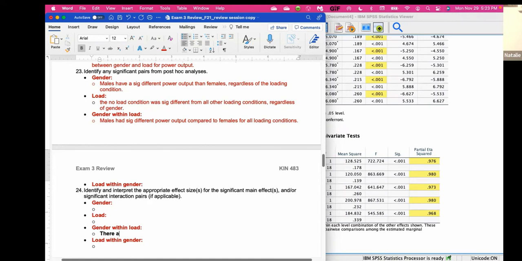And we can say there are large effect sizes for the differences between males and females in the no load, plus 5%, plus 10%, 15%, and 20% conditions.